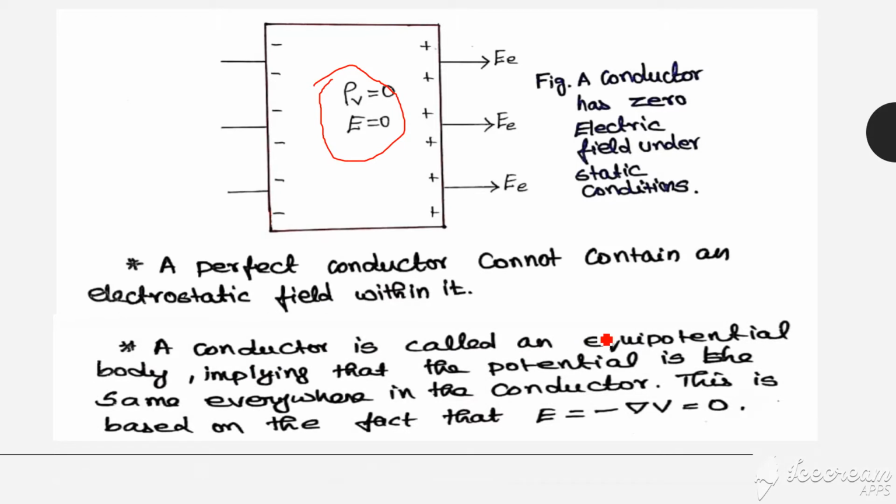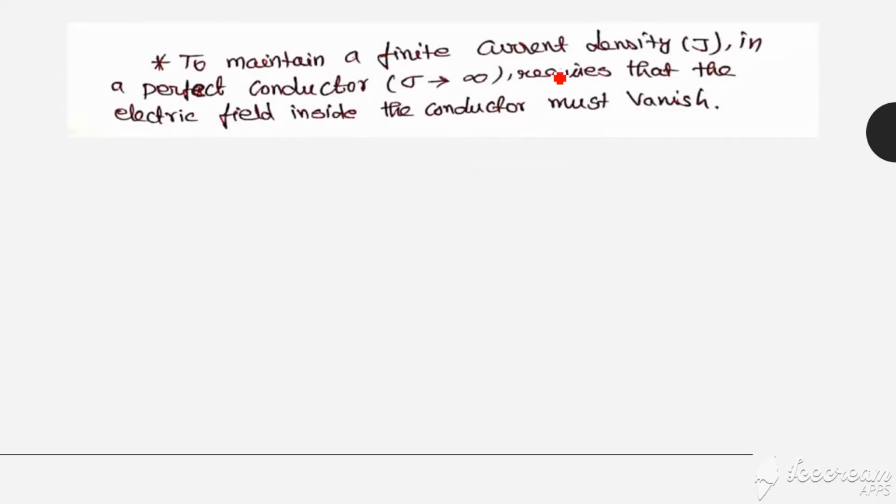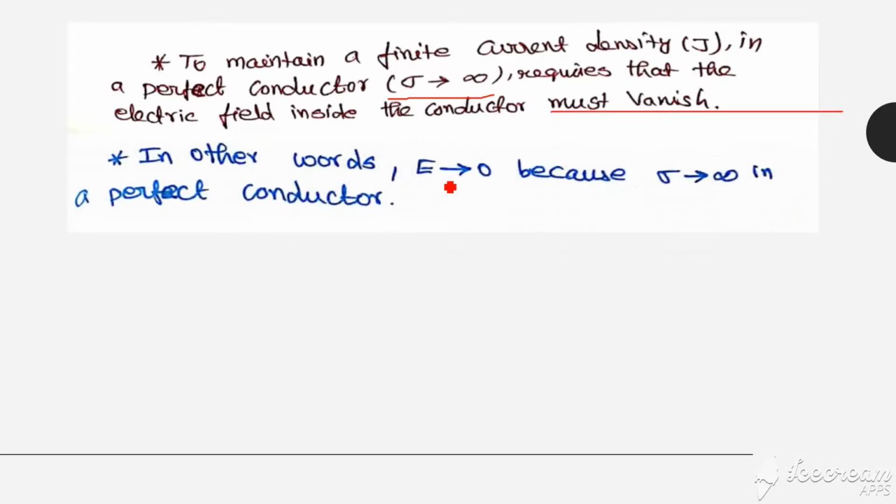A conductor is called an equipotential body, implying that potential is the same everywhere in the conductor, in fact E is equal to minus del V is equal to 0. To maintain the finite current density J in the perfect conductor, sigma tends to infinity requires that electric field inside the conductor must vanish. In other words, E tends to 0 because sigma tends to infinity for a perfect conductor.